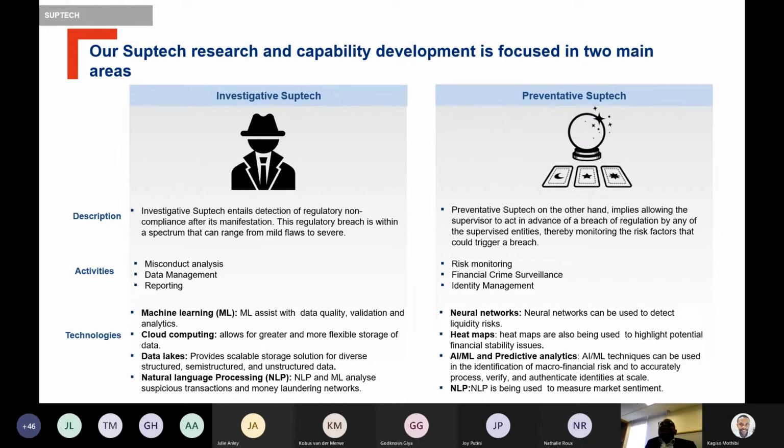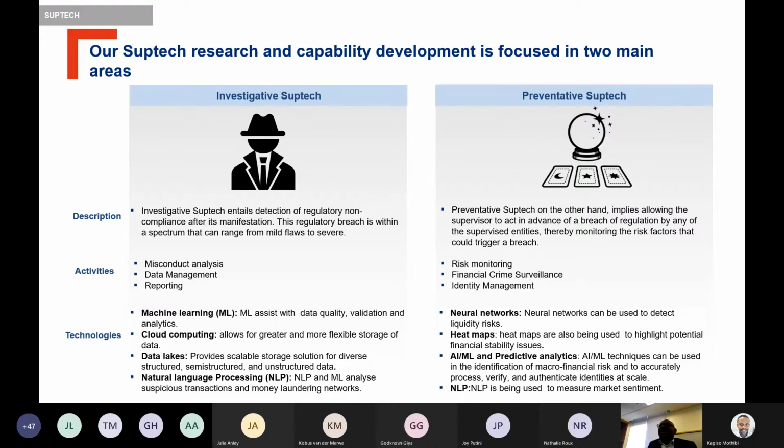Under investigative Suptech, it basically entails the identification of regulatory non-compliance after it has happened, and then the processes that kick in thereafter. So under investigation, the activities that we focused on were misconduct analysis, data management, as well as reporting.